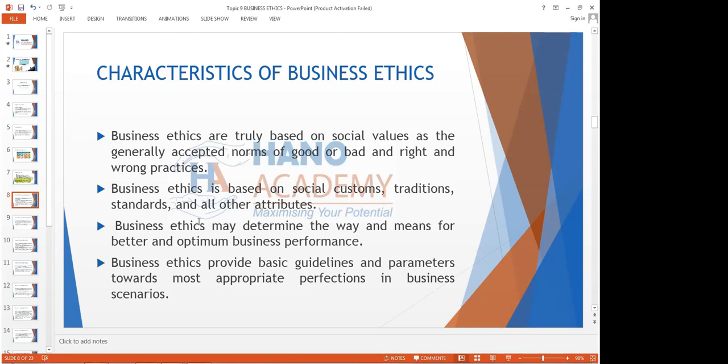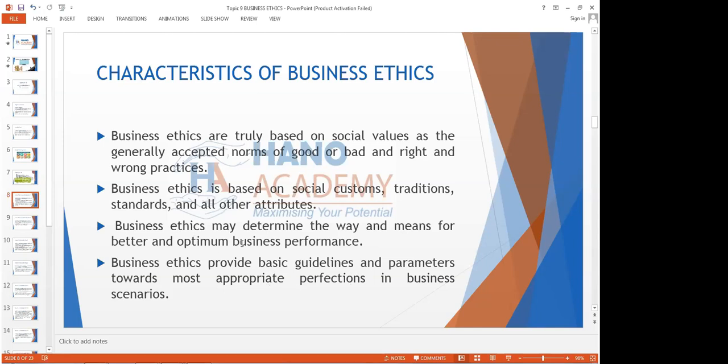It may also determine the way and the means for better and optimum business performance. It provides basic guidelines and parameters towards most appropriate perfections in business scenarios.